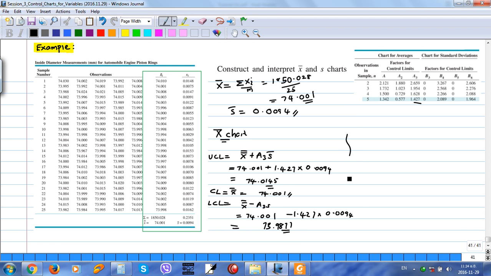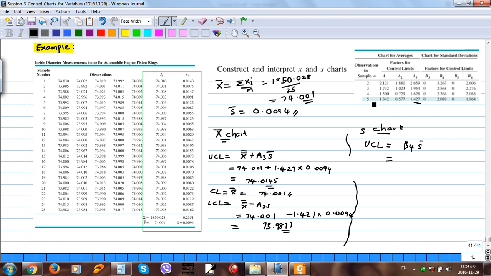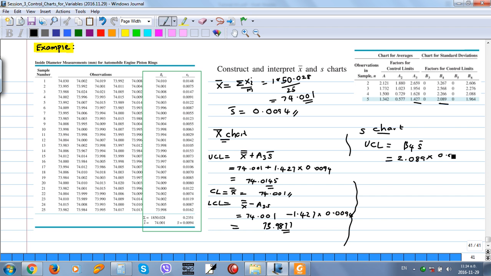These are the values for the X bar chart. Then for the S chart, the upper control limit equals B4 times S bar. For n equals 5, B4 equals 2.089, times 0.0094, which is 0.0196.